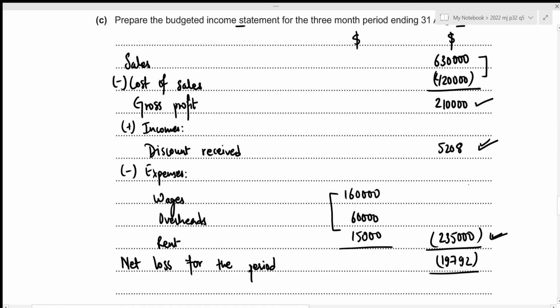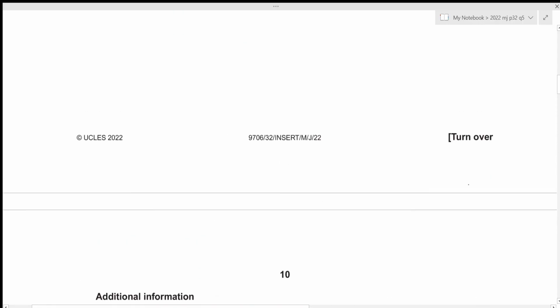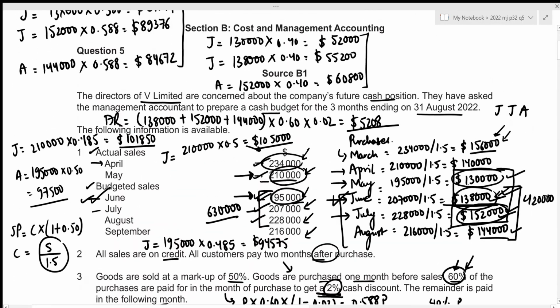Now let's talk about the sales made in July. We'll be receiving 50% of that amount after receiving a 3% discount in the month of August. So that will be 207,000 times 0.485, which results in the amount of 100,395. Let's write it down.